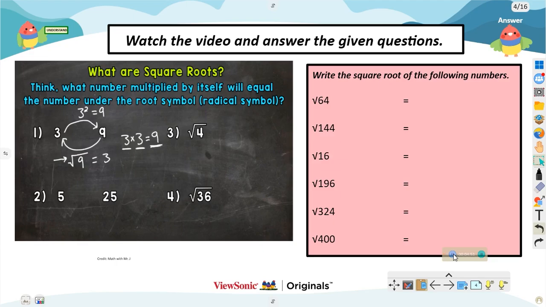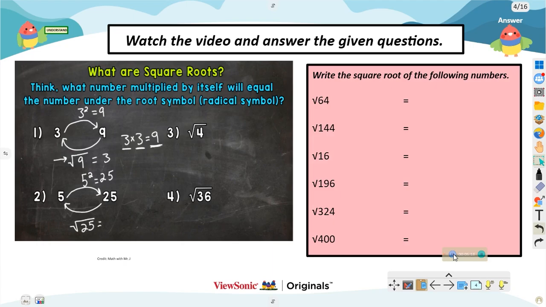Let's move on to number 2 and try another one. So 5 squared, 5 times 5, equals 25. Let's start with 25 and take the square root. What number times itself equals 25?